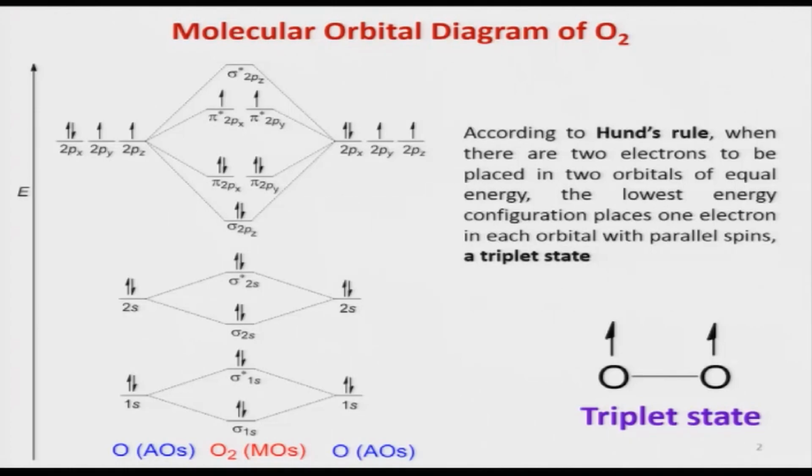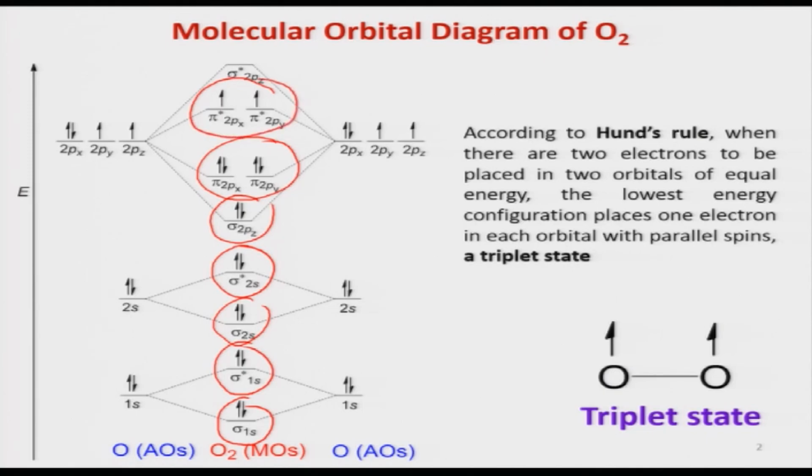Let us go back to see that molecular orbital diagram of dioxygen. You are all familiar with that. So, this is sigma 1s, then sigma 1s star, sigma 2s, sigma 2s star, and then sigma 2pz and pi 2px, 2py, and the antibonding orbitals have 2 unpaired electrons in the pi star 2px and pi star 2py.